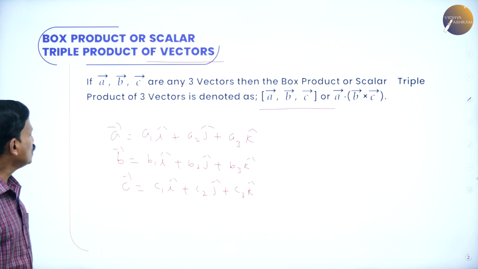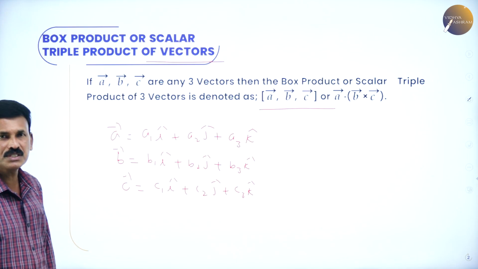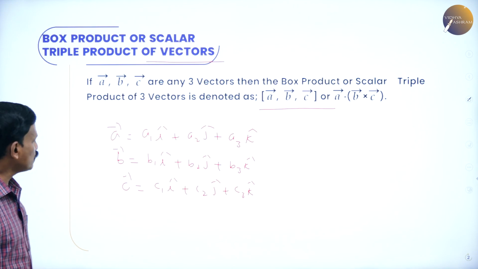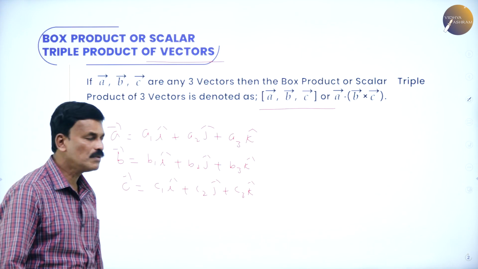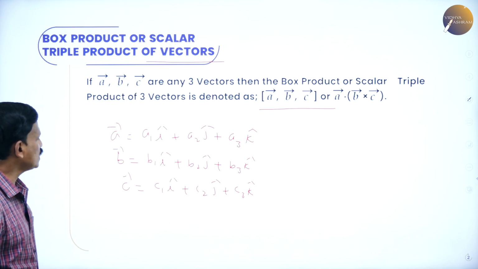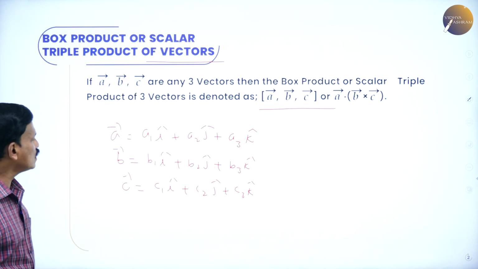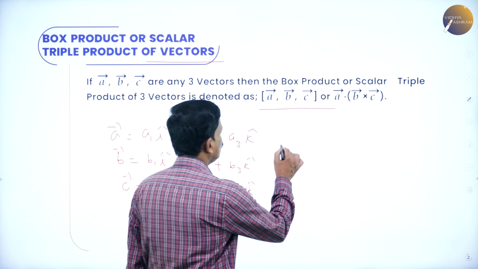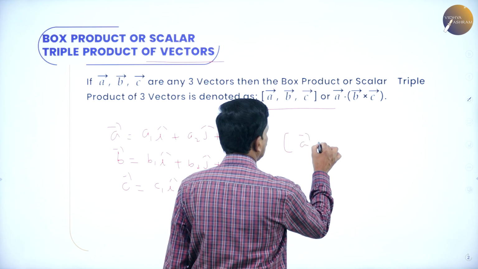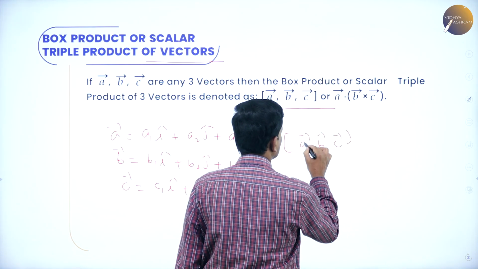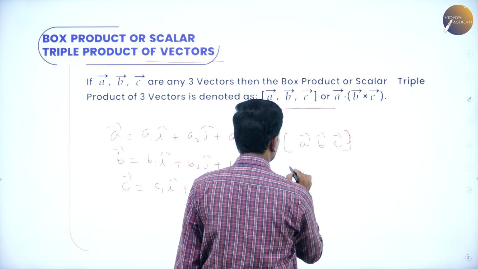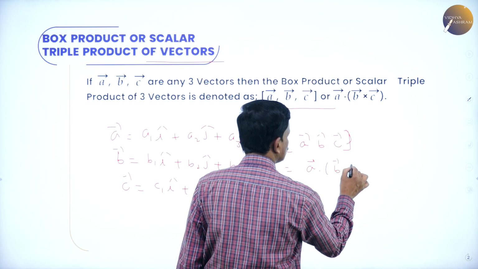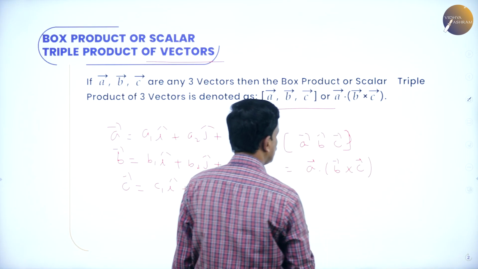Then the box product of these three vectors is denoted as [A, B, C]. This is called the box product, and it can also be written as A dot B cross C. What is this A dot B cross C?